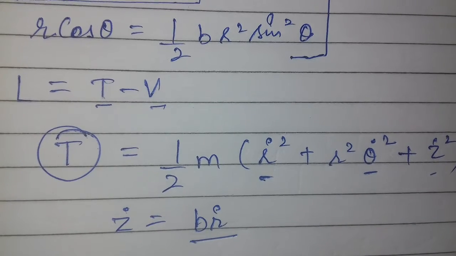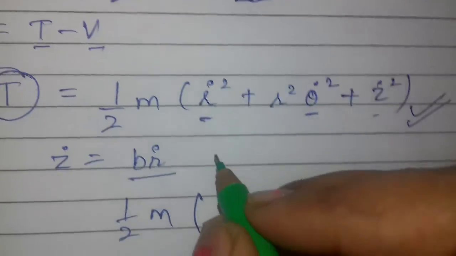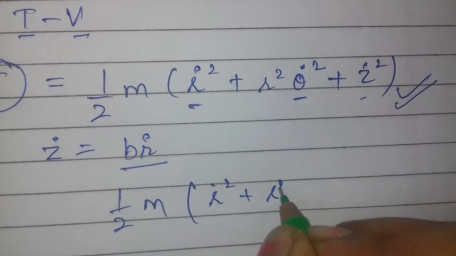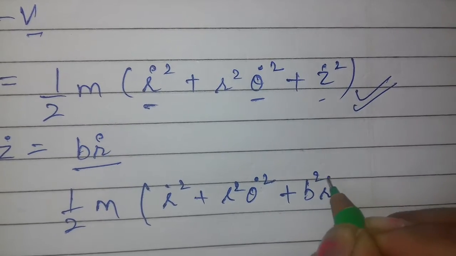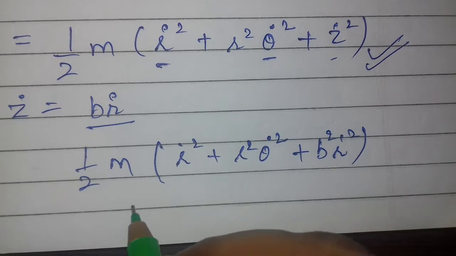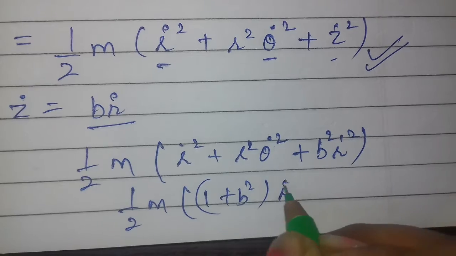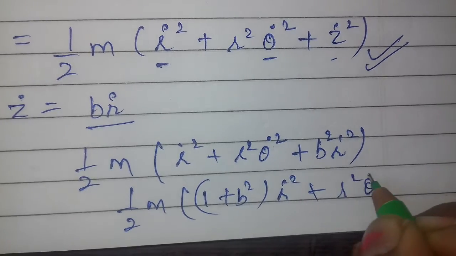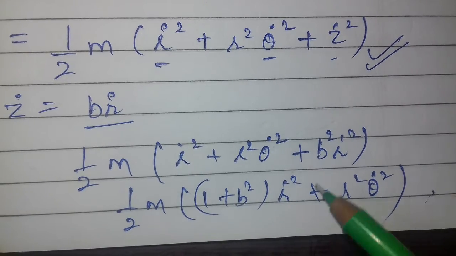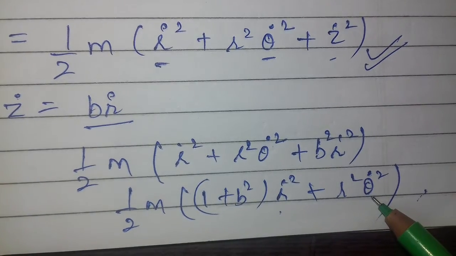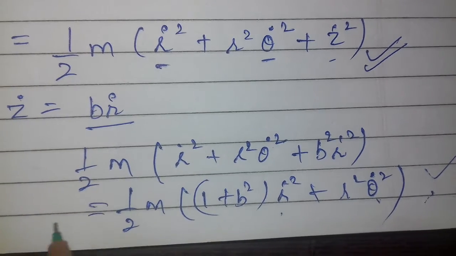So putting b r dot here, this becomes half m times r dot square plus r square theta dot square plus b square r dot square, or in more simplified form, half m times 1 plus b square r dot square plus r square theta dot square. Now see carefully. 2 degrees of freedom are allowed, and r and theta, two generalized coordinates, are shown here. So this is clear now: this kinetic energy expression is okay with the degrees of freedom.